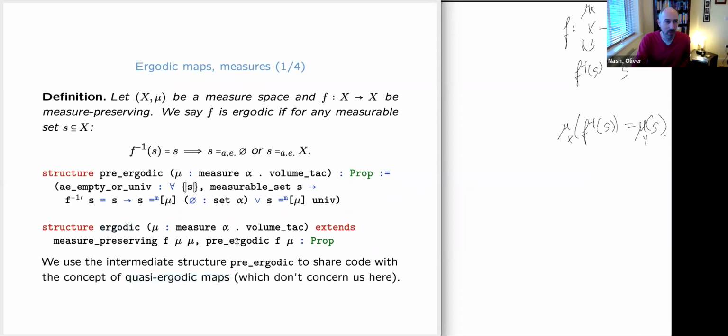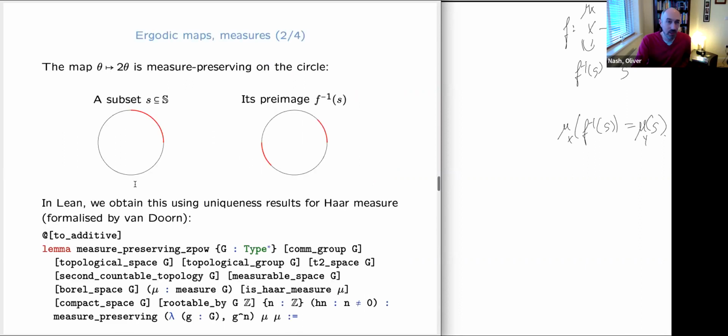They're not nearly as well studied as ergodic maps, but they do exist, and some results are true for them. In fact, I proved results for quasi-ergodic where I could. They're the same as ergodic, except instead of measure preserving, you're quasi-measure preserving. So it's worth splitting out pre-ergodic. In Mathlib, we have this really fine-grained hierarchy of properties that objects and maps and so on can have. Okay, so that's the definition of ergodicity.